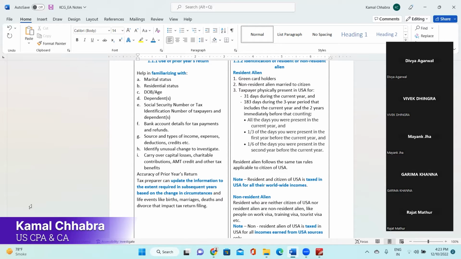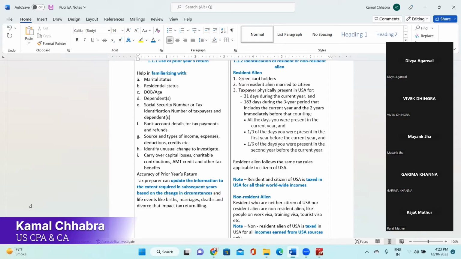Generally, these are common or carry forward year over year, unless I have made any change, right? And the sources of income, type of income, expenses, deduction, and credit, you may have an idea. And then identifying unusual changes to investigate.